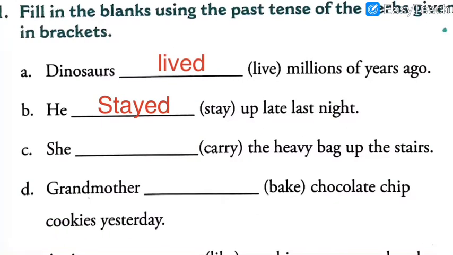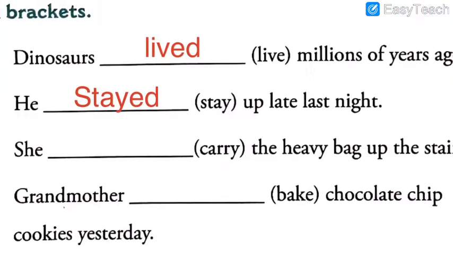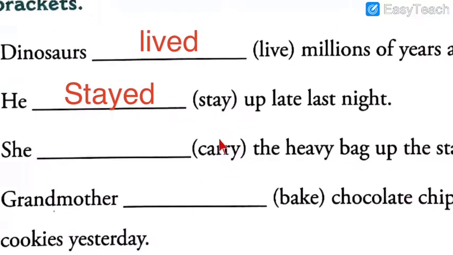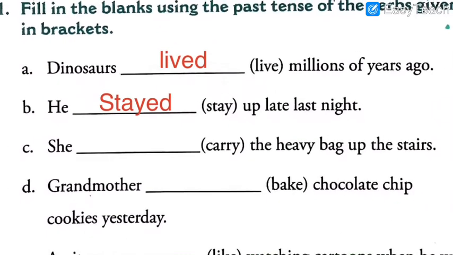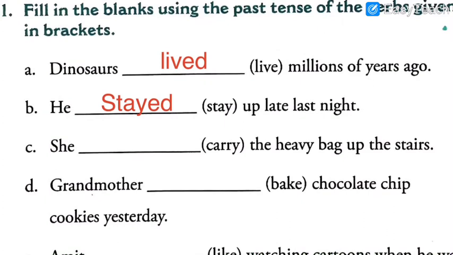Next is, she ___ the heavy bag up the stairs. Again the verb is ending with Y. Let us check whether a vowel or a consonant is there before the Y. Here before Y, R is there. R is a consonant, not a vowel. So if a consonant is there, what do we have to do? We have to change Y and place IED.